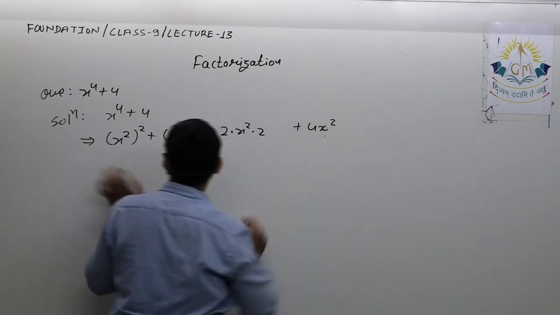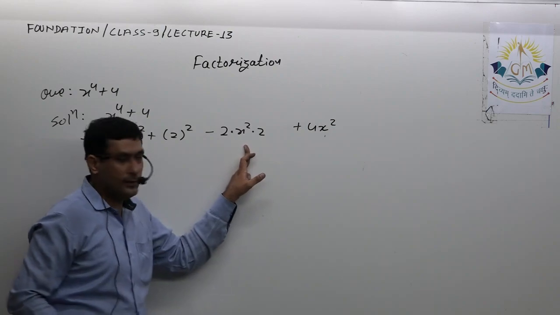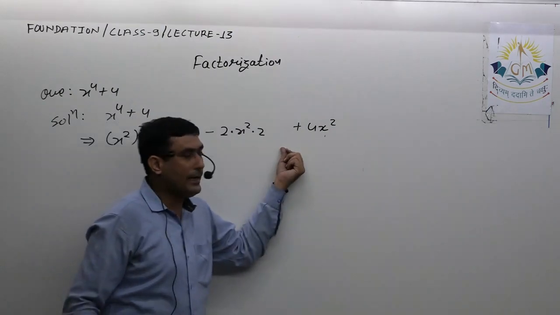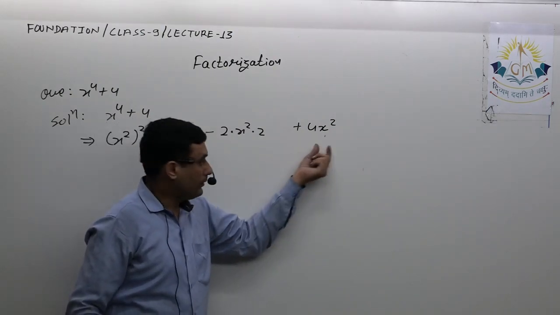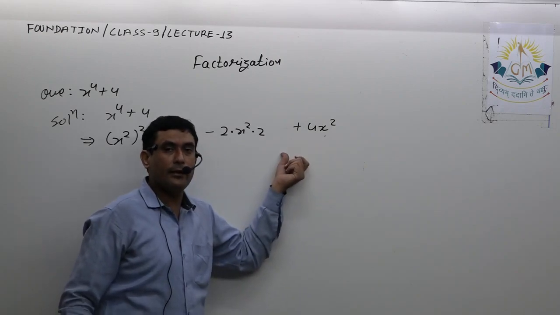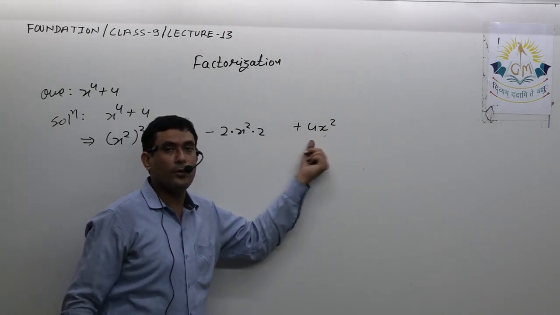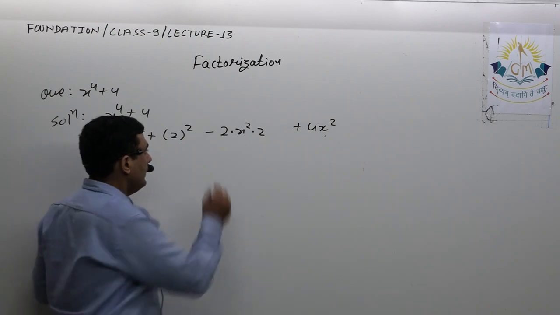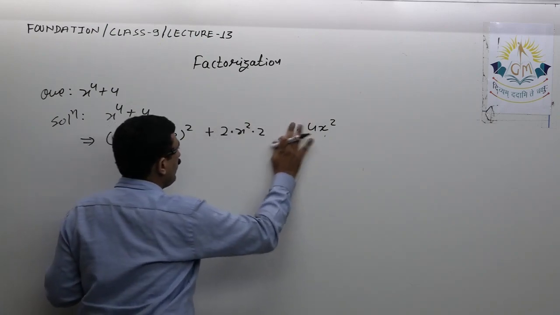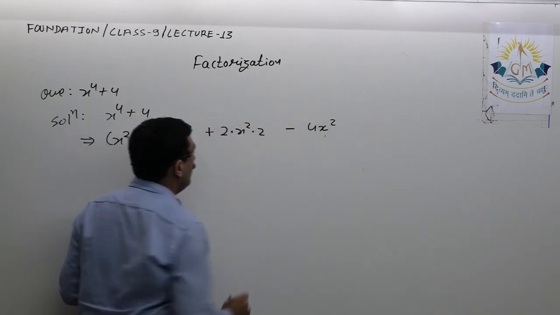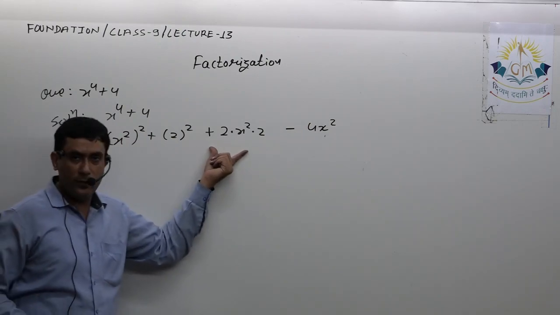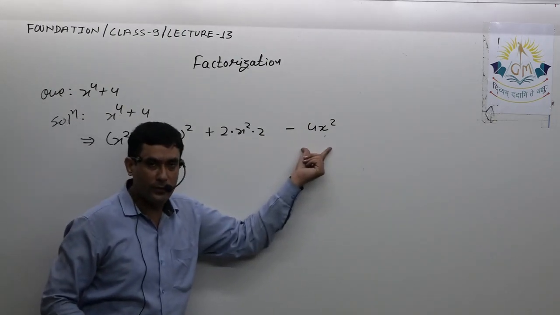Now even though these three terms give me a complete identity, here I do not have the minus. Complete square is definitely there, but minus is not there, so it is not possible to factorize it further. So I have to make this positive and this negative. Now it is possible. I added 4x square, I subtracted 4x square.